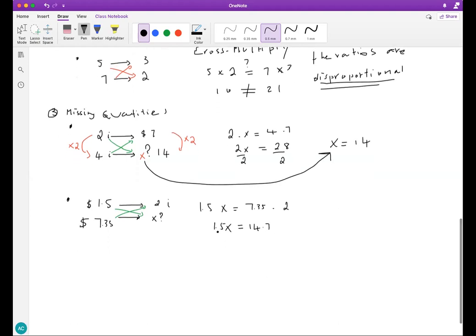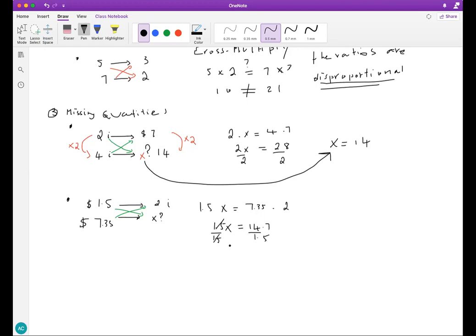What's left to do now to get the x by itself, just like here? Divide 14.7 by 1.5. That's right, we want it by itself. We want to cancel the 1.5, but we're going to divide by it, so we also divide the other side by the same number.